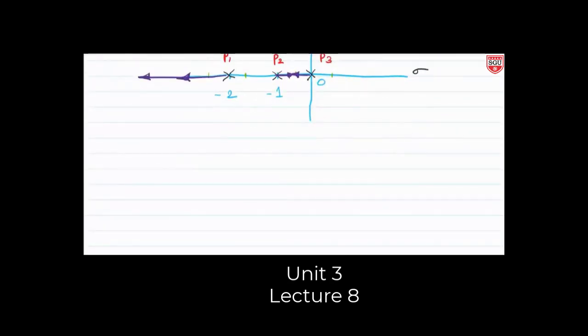Rule number 4. Once again I will write down that rule. Number of asymptotes is equal to number of poles.